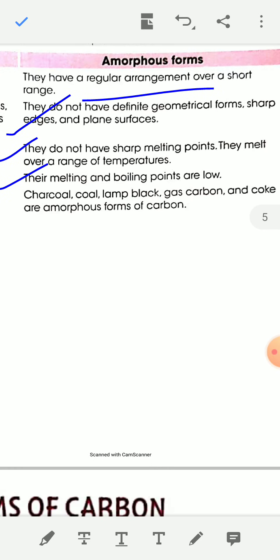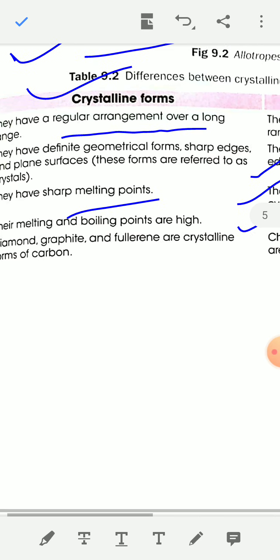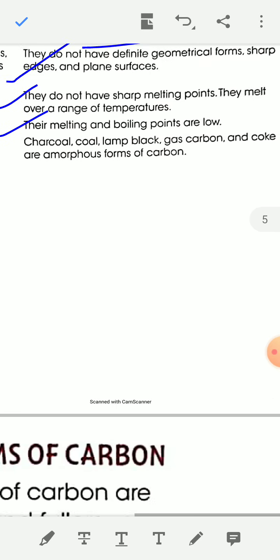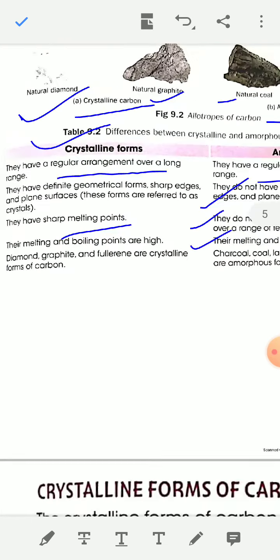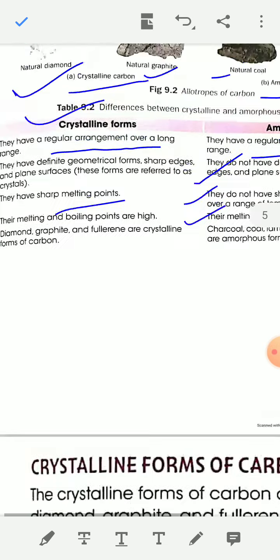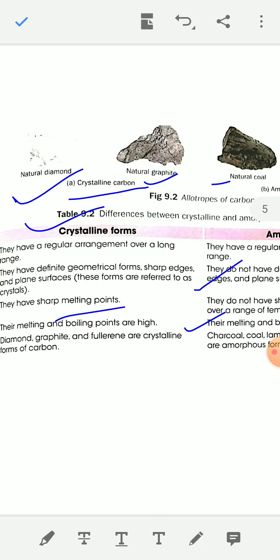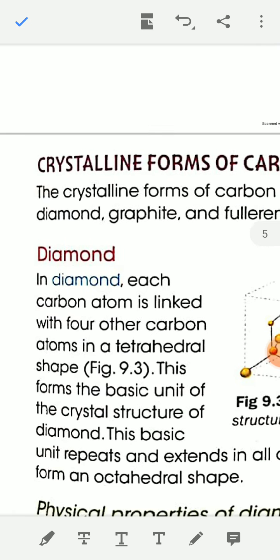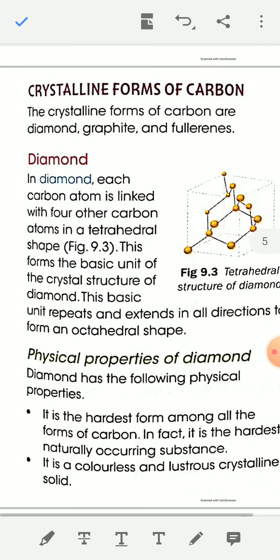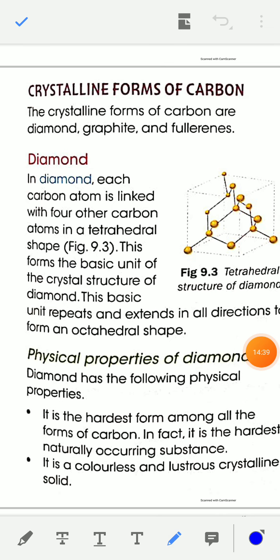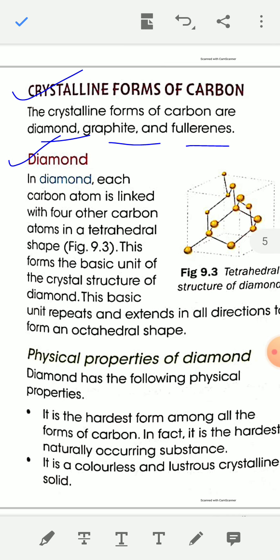Examples of both crystalline and amorphous forms are given, and you have to read this difference between them. Now see the different crystalline forms of carbon: diamond, graphite, and fullerene. Today I will discuss crystalline forms of carbon.